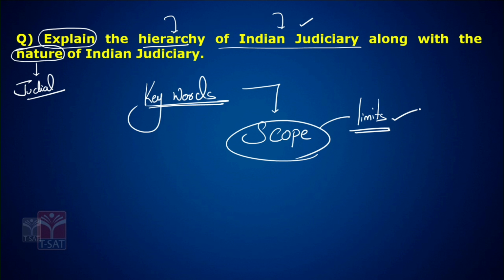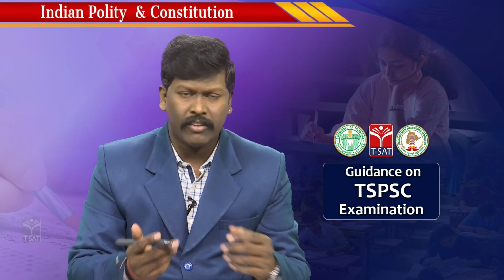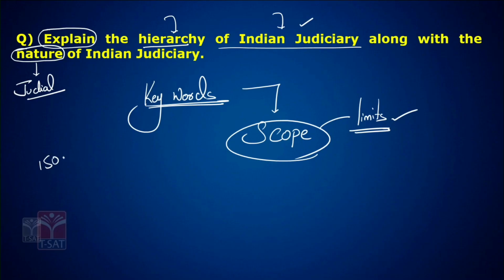We will know how to make our answer concise, because it is just a 10 marker. You need to write 150 to 180 words. So you can make the answer concise when you know the keywords of a question. The question asks to explain the hierarchy of the Indian judiciary along with the nature of the Indian judiciary.